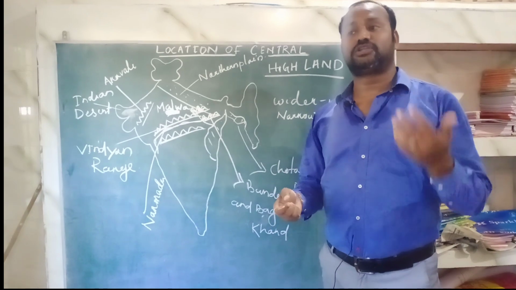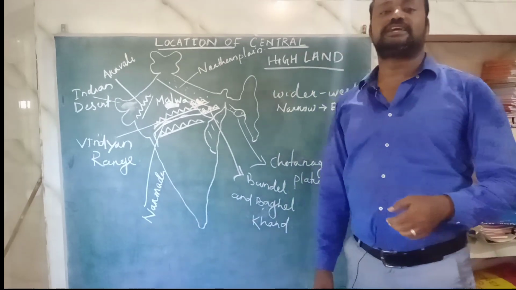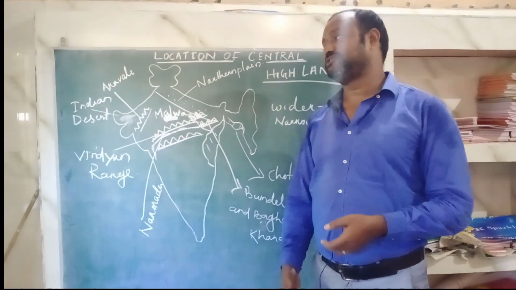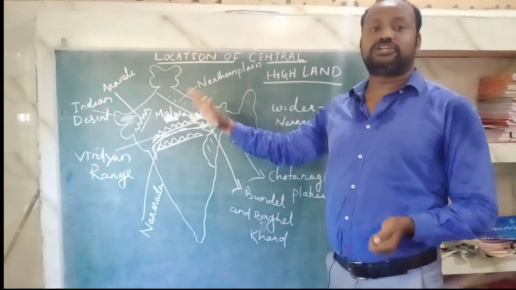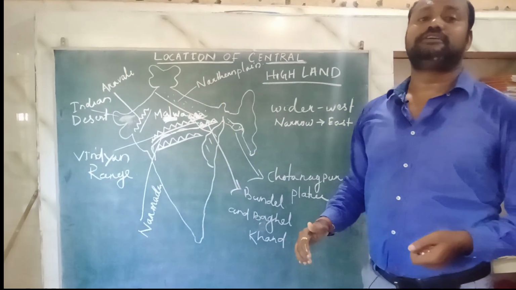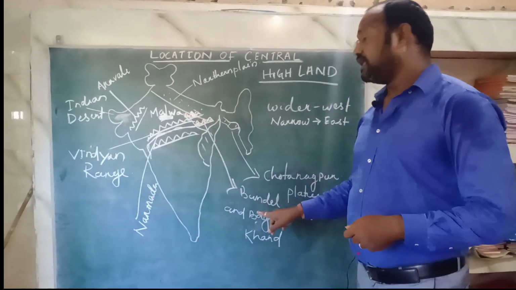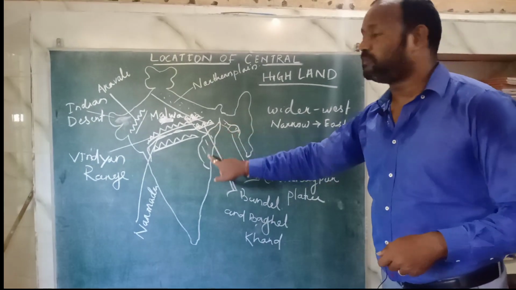The northern eastern extension of Central Highland is Bundelkhand and Baghelkhand, and here you can see the Chota Nagpur Plateau.